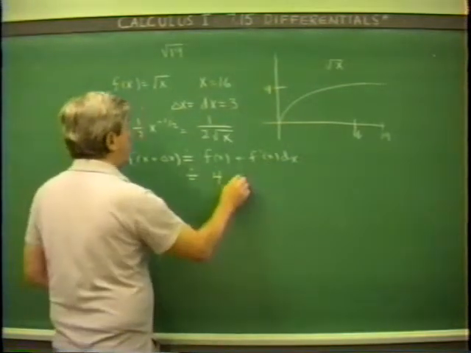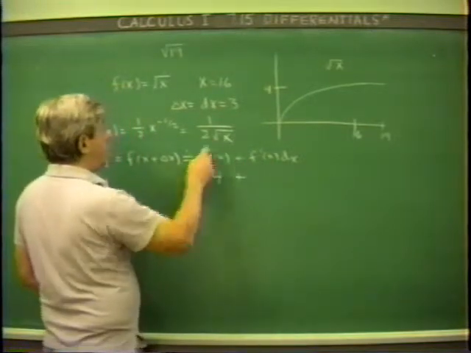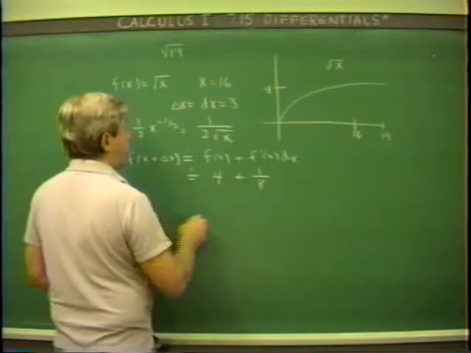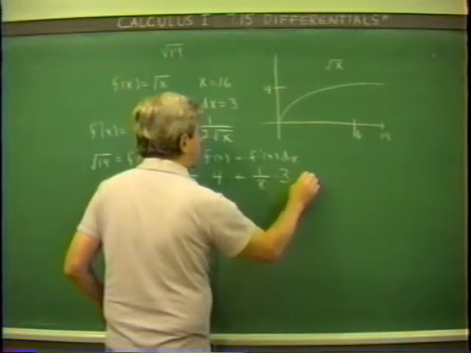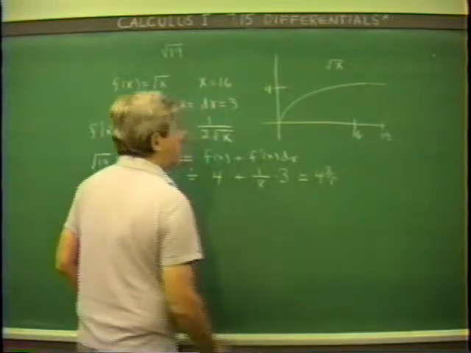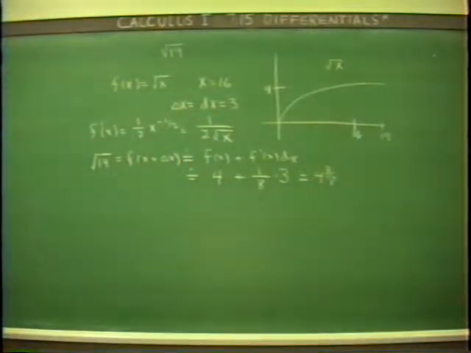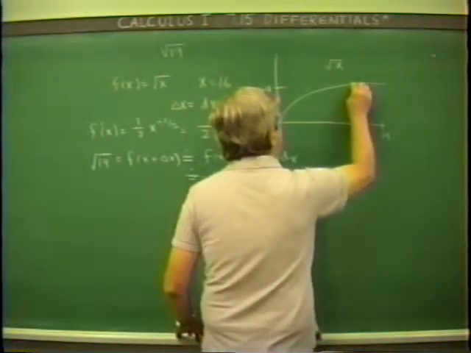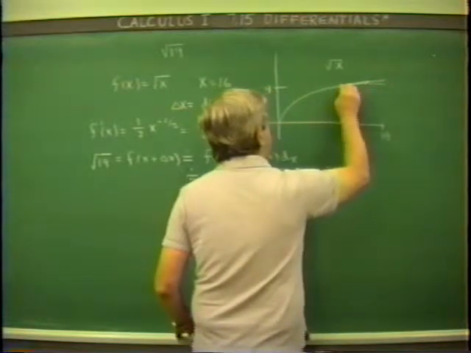That's to say it's approximately equal to f of 16, which is 4, the square root of 16, plus the derivative at 16, which is 1/2 times 4, 1/8, and our delta x now is 3. So 4 3/8 is an approximation to the square root of 19.